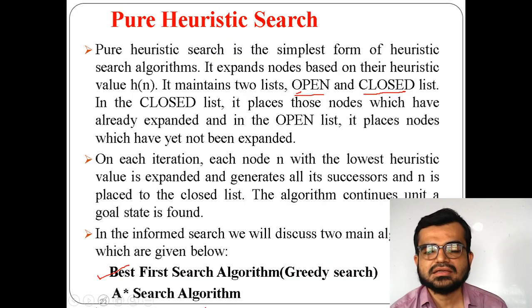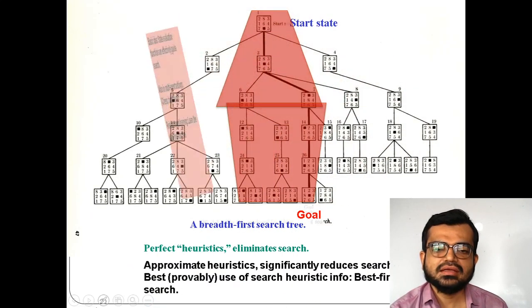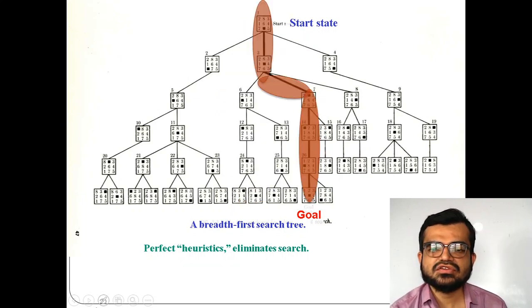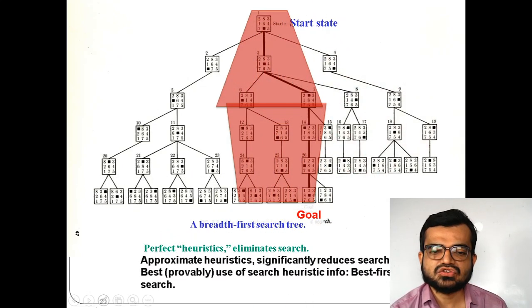The approximate heuristic will always be greater than the actual heuristic value. So the actual heuristic value is this one only, and the approximate heuristic is this one.